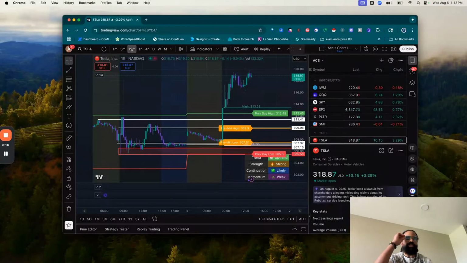I want to do two things for this particular mock trade. If you're following along, I want us to enter two separate trades. One will be for the day trade, and then one will be for a longer term swing position, so we can take a look later in the week at its progress.